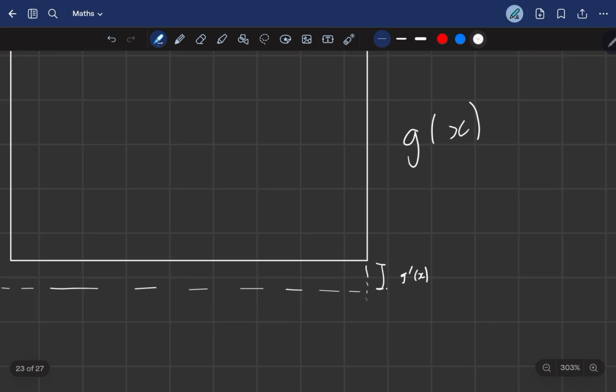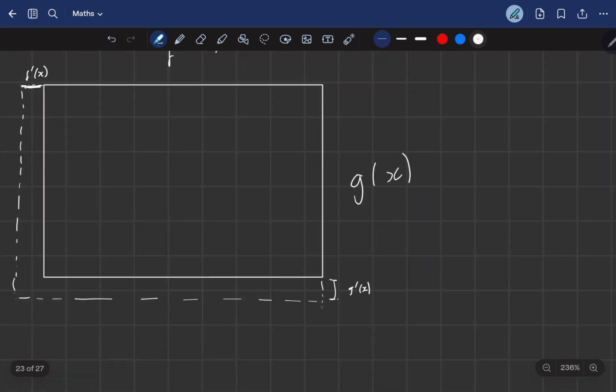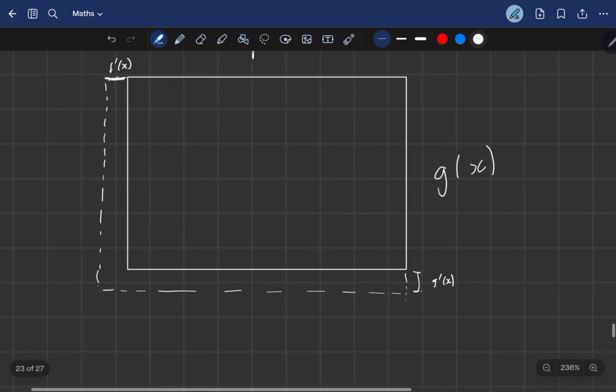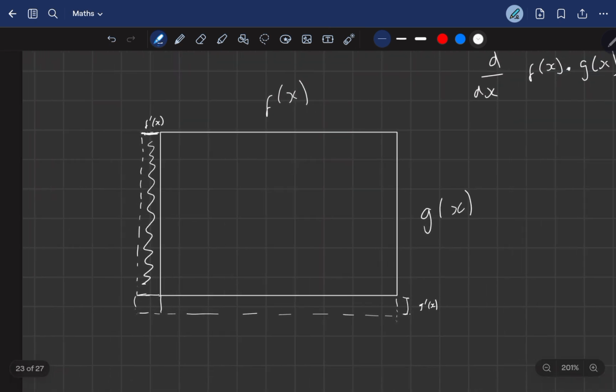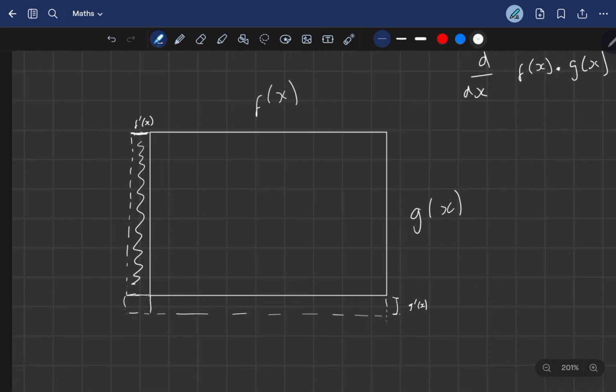Because it is the change in the length of g of x for a small nudge in x. Now I can split this changed area into three parts. We have first this part. Let's calculate the area of that part. We know that the width is f prime of x and the height is g of x.